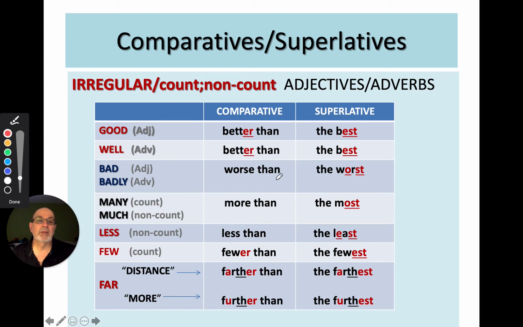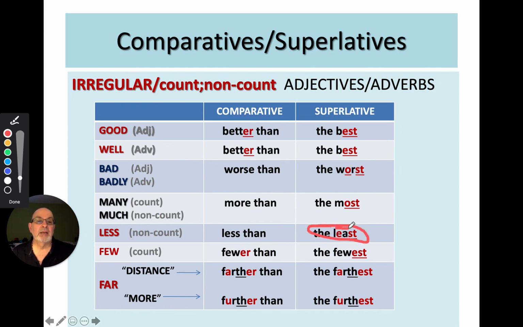So worse, pire que, the worst, instead of -est, it's -ost. For much and many, we use many for things that we can count, much for things we don't count. Use the same form, more than, the most. Again, -ost, not -est. Here we use less than, the least, okay?